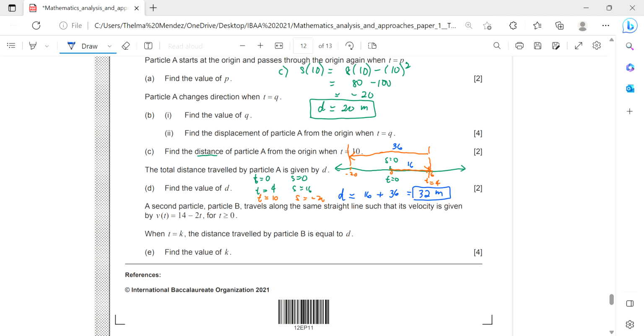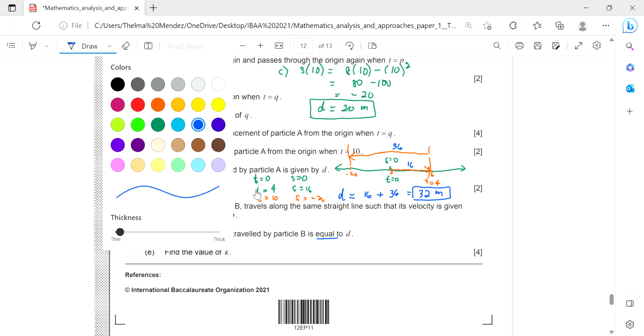Let's find where the particle changes direction. It says also that when t equals k, the distance traveled by particle B is equal to that of A. Okay, so let's find the total distance covered by particle B.